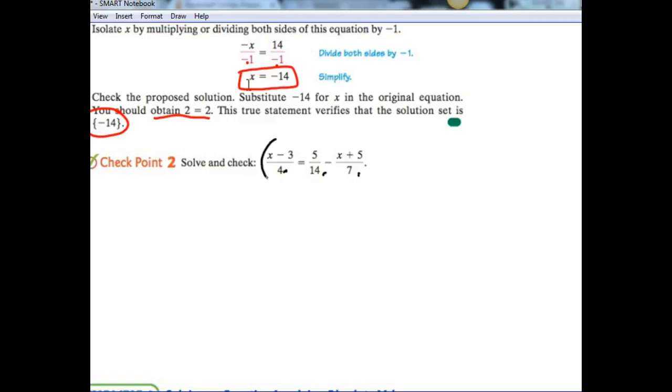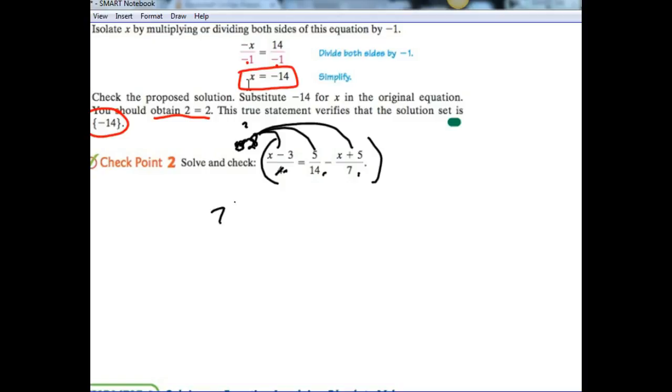So I'm going to take this equation, and I'm going to multiply the whole equation by 12. I mean, not 12, excuse me, 28. Okay. I'm going to multiply by 28. Now, when I multiply 28 by this one, and then by this one, and then by this one, when I multiply by the first one, the 4 is going to cancel with the 28, and it's going to become a 7.